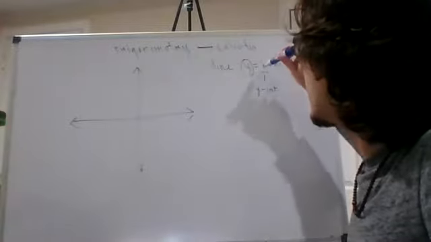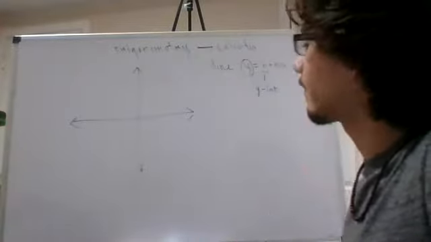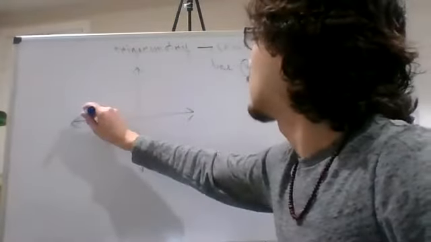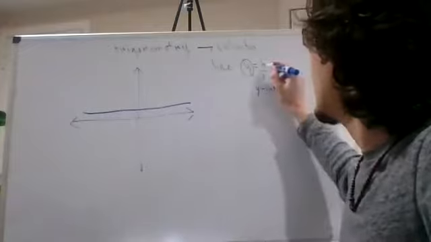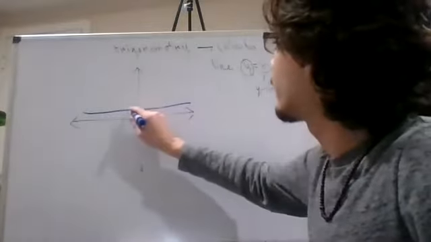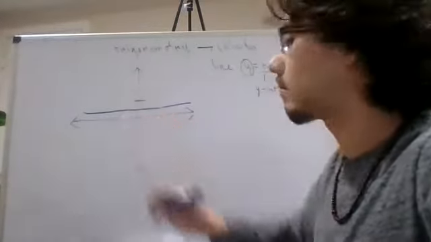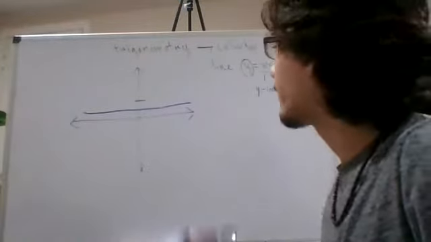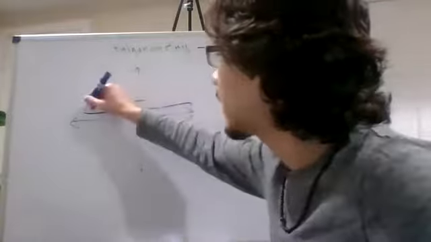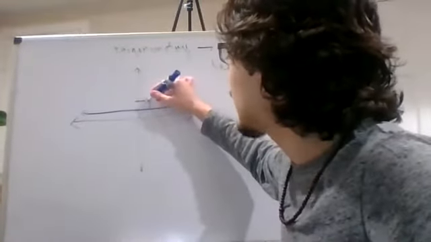Let me try again. What would happen if you increase the y-intercept by 1? So we'll say we have our function here. What happens if we add 1 to b? The equation moves up. Very good. The function moves up.